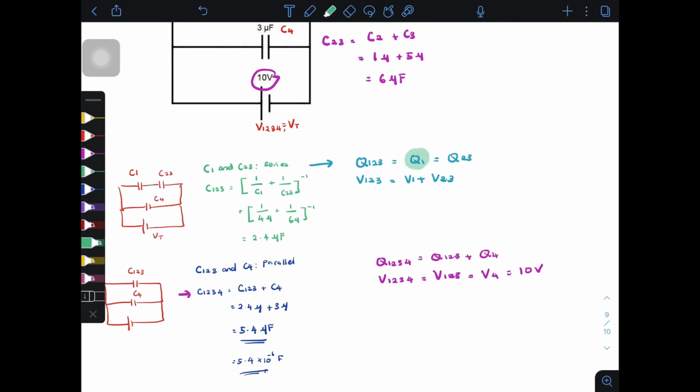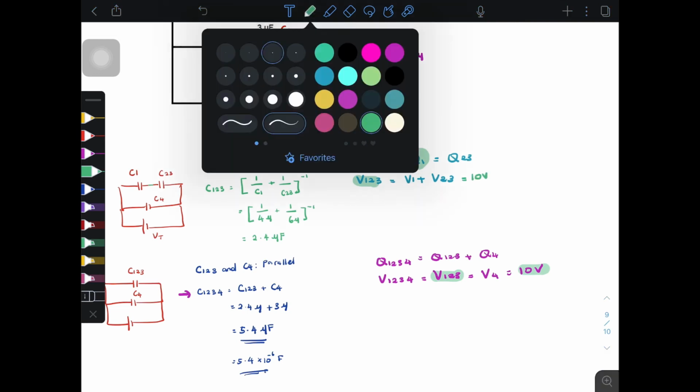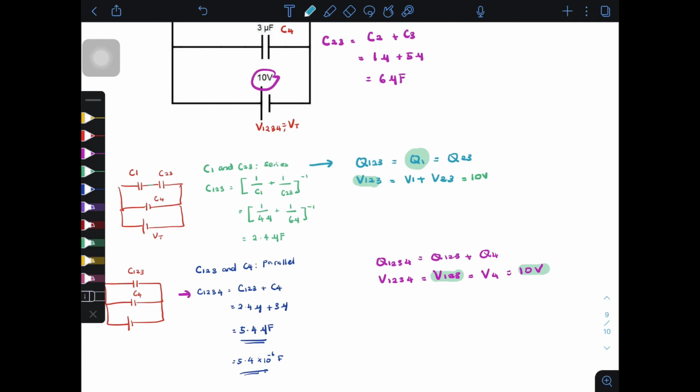Okay, and Q1 is equals to Q123 and I also have V123 here, which is the same as V123 dekat sini, sama dengan 10 volt. So I know here it is equals to 10 volt. Q1 tak boleh cari sebab Q1 is equals to C1 V1 but I don't know V1. So tak boleh cari sebab tak tahu V1 dengan Q1, dua unknown.